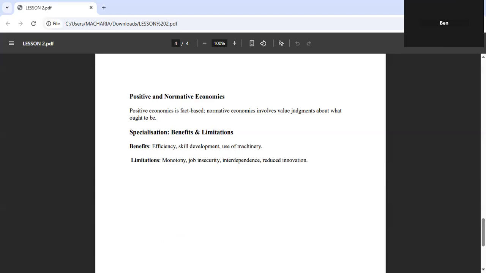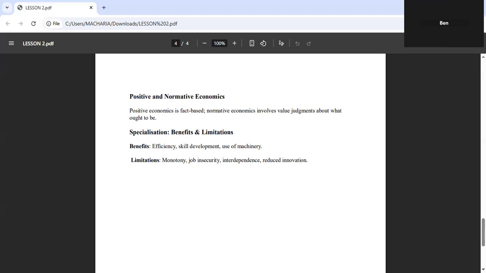We say that specialization is doing one particular item and mastering the concept in depth. Major benefits include efficiency, skill development, and efficient use of machinery. As a limitation, we have said that specialization can bring monotony, job insecurity, interdependence, and reduced innovation.